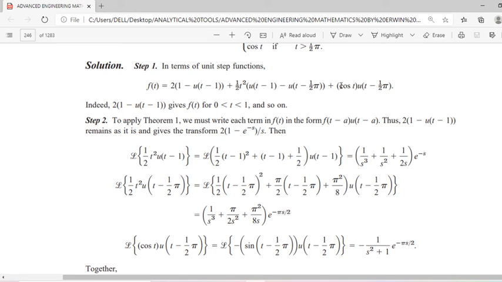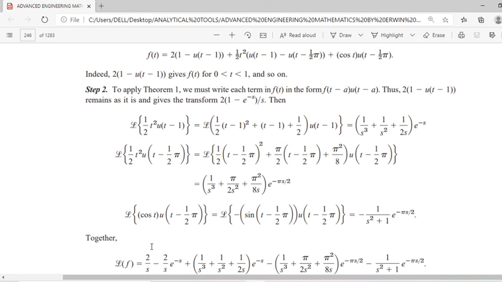Now one more term is there, that is cos t. So L of cos t into u of t minus pi by 2, and that can be modified like this. This is minus cos t, which can be rearranged as minus sine of t minus pi by 2.